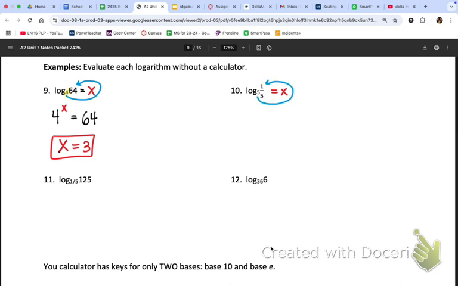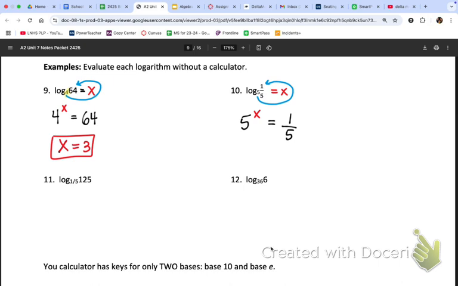Okay. Again, set this one equal to x, and then you can loop around here to write an equation. 5 to the x power is equal to 1/5. And then you're asking yourself, how do I make it become 1/5? Because obviously you already have 5 and 5, so you don't need to do 5 to the second power or third power or anything like that. How do I make it send to the other side of the fraction? Negative exponent, yes.